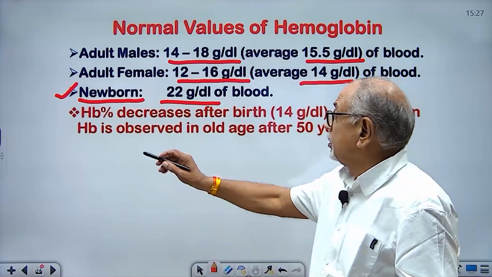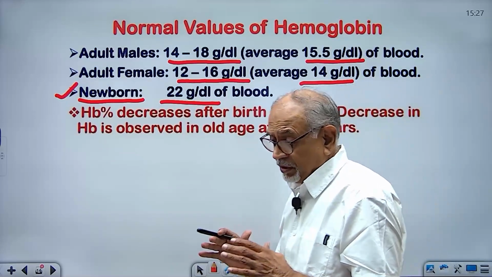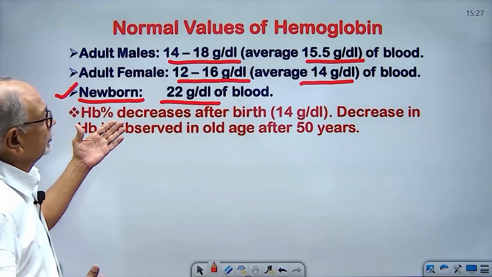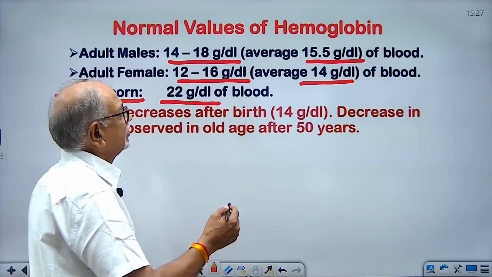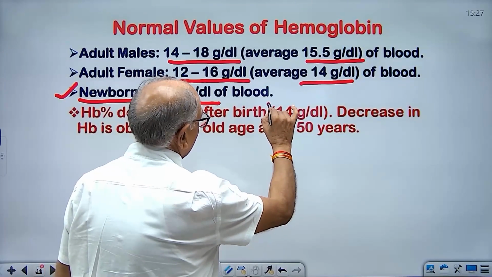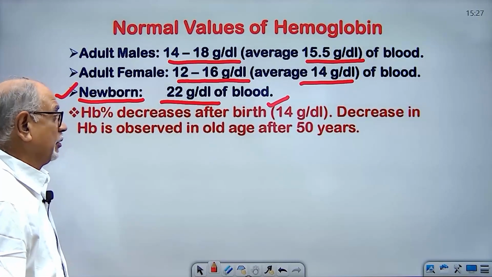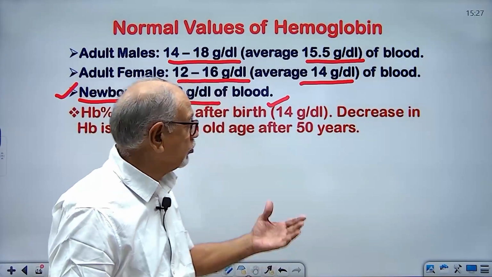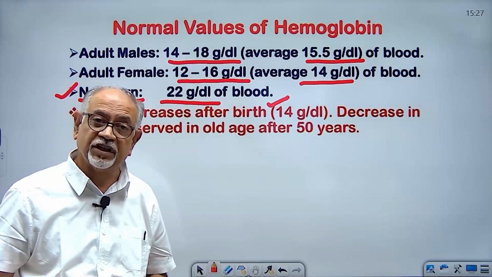Now, the hemoglobin percentage decreases after birth. As soon as a child is born, the hemoglobin percentage gradually decreases and then it attains the adult value, about 14 gram per dl. The hemoglobin percentage also decreases with age, especially after 50 years of age.